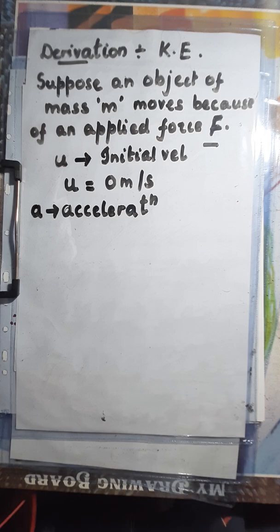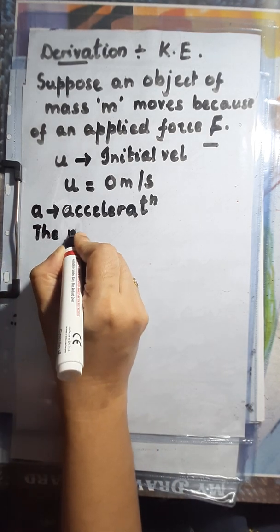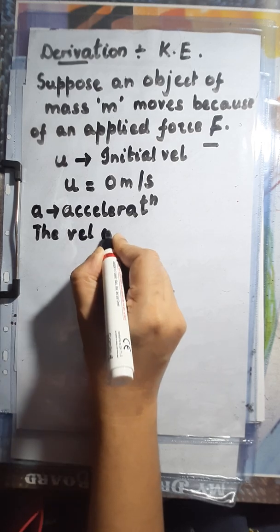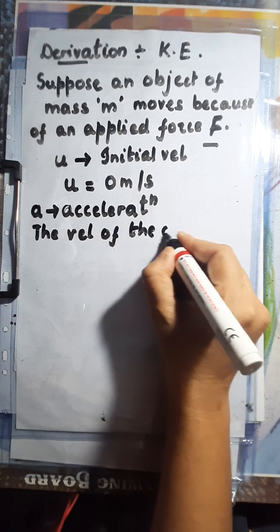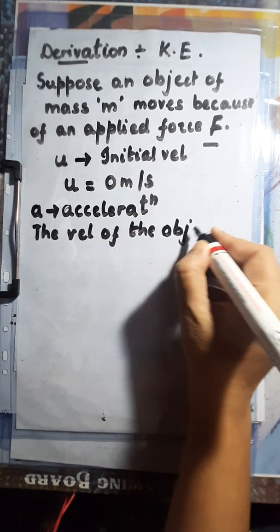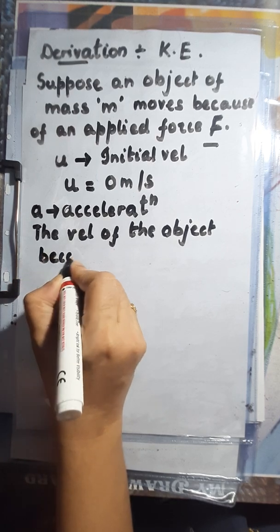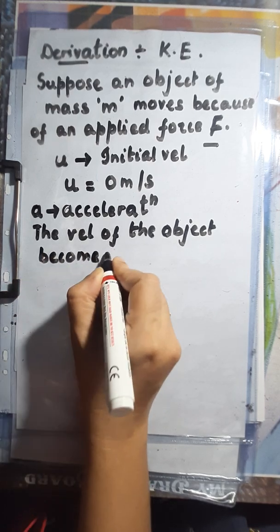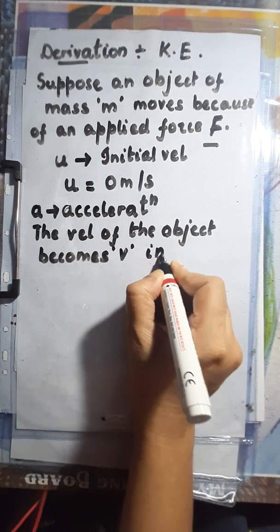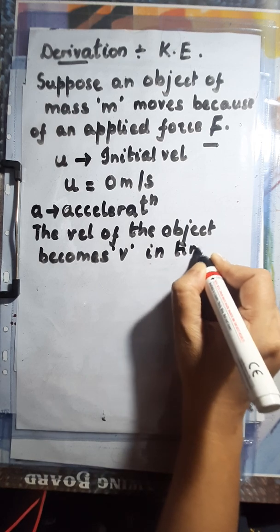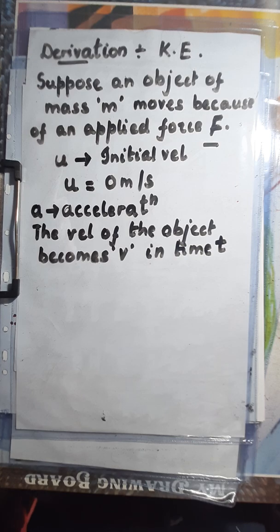Then the velocity of the object becomes V in time t.